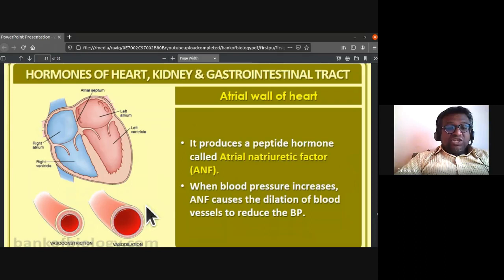So this vasoconstriction, vasodilation: the vasodilation is brought about by the secretion of the atrial wall of heart, that is ANF, atrial natriuretic factor. So they reduce the blood pressure by dilation of blood vessels.